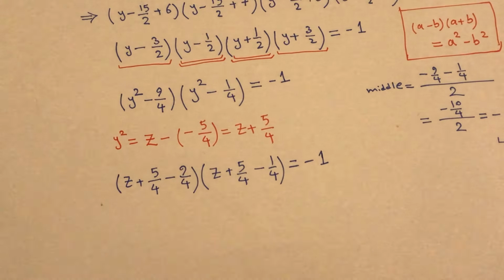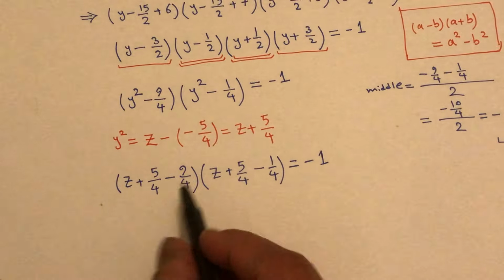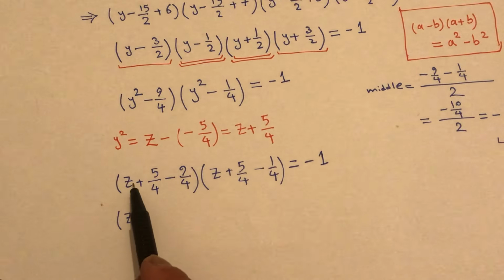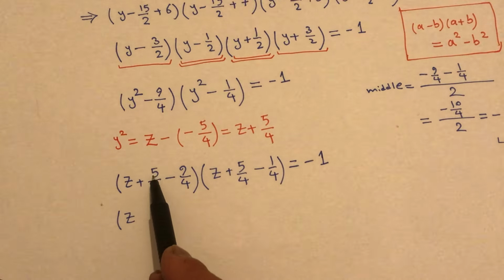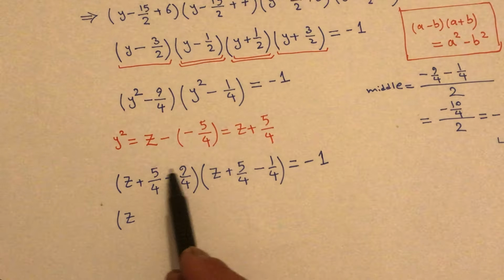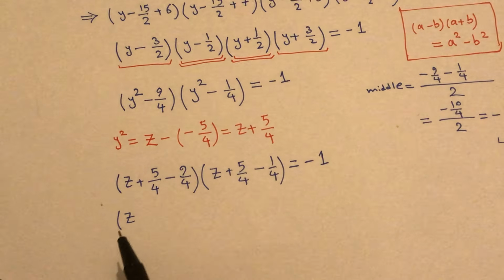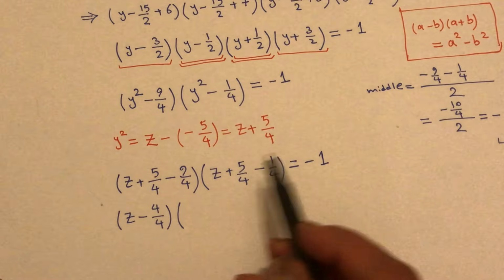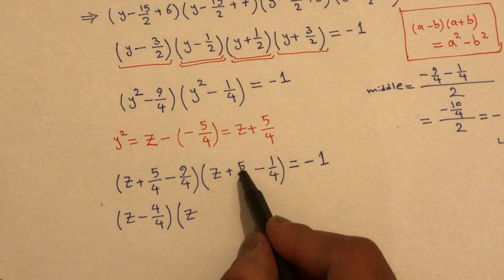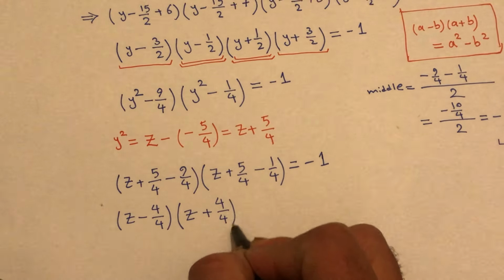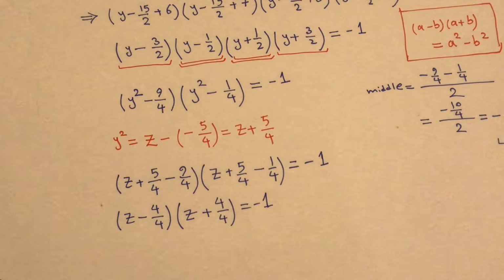And here we simplify as we can, because the denominators are the same. 5 minus 9 is minus 4 over 4, and here 5 minus 1 is 4, plus 4 over 4, equals minus 1.